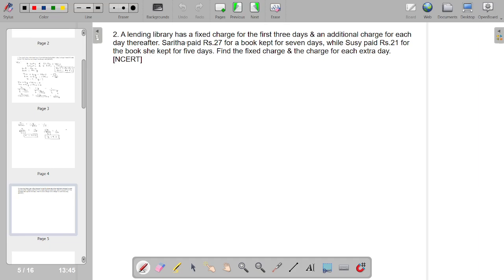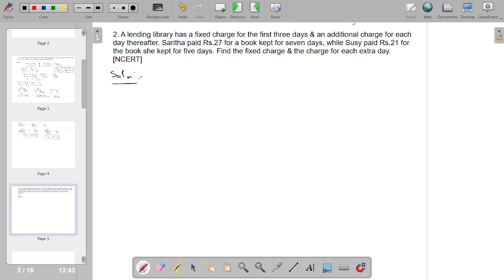Once they cross 3 days, for example, if you keep the book for 1 day or 2 days, if you keep the book for less than 3 days, the same fixed charge is going to be applied. But an additional charge is going to be applied if we keep the book for additional days, on a daily basis.